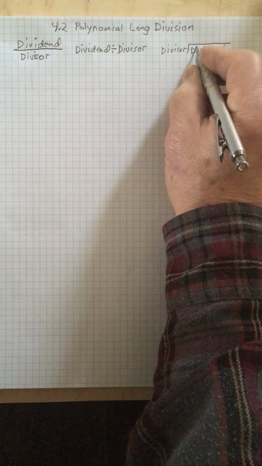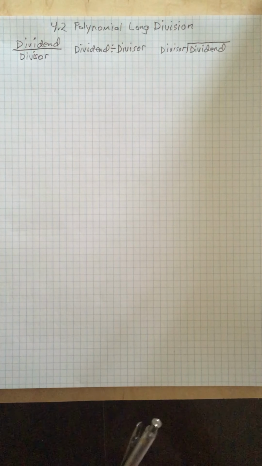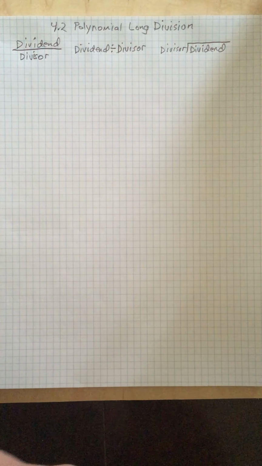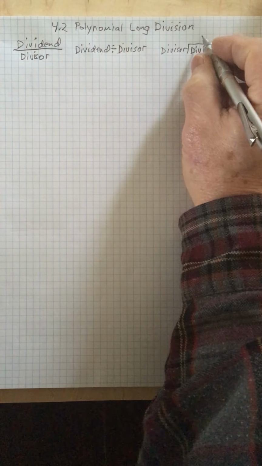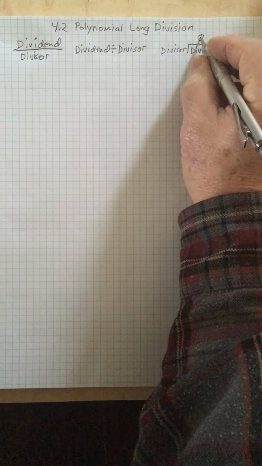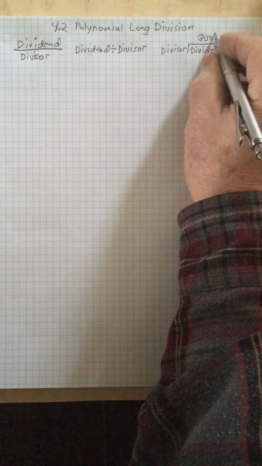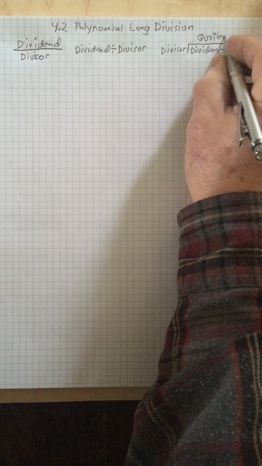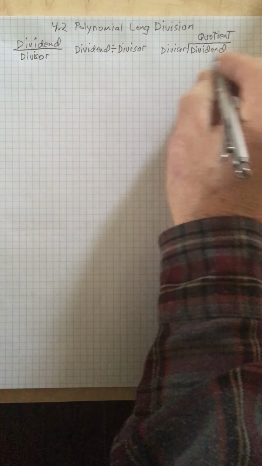So we're going to want to work with that form there. Also, when we're all finished, the answer here is referred to as a quotient. And when we're all done doing our work, we may or may not get a remainder. We'll see that in a minute. So that's how it looks.